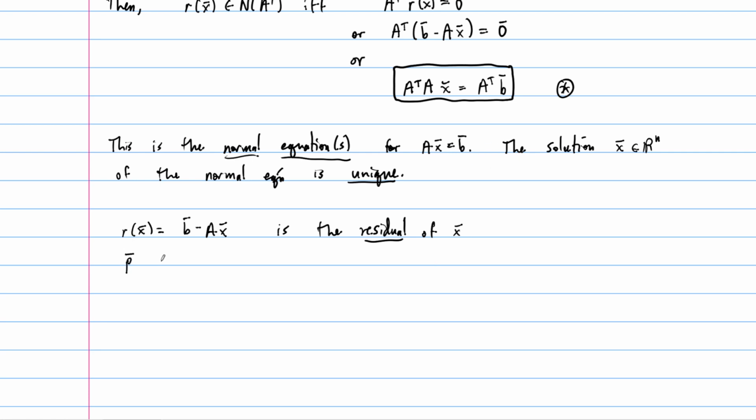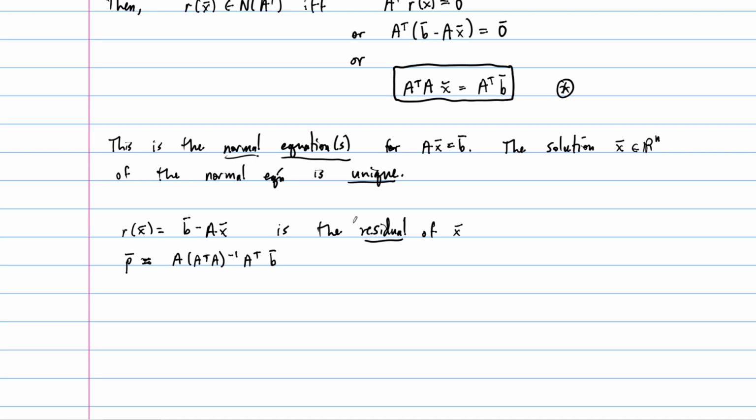Our projection vector p onto the image space is the projection of b onto the image space. It's given by the following formula, which is going to be a homework exercise for you to work out. It is A times (A transpose A) inverse, times A transpose times b.